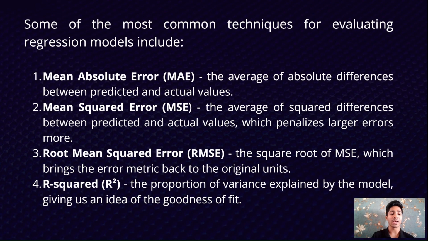Third, we have root mean squared error, the square root of MSE, which brings the error metrics back to the original unit. Fourth, we have R squared, the proportion of variance explained by the model, which gives us an idea of the goodness of fit of the model.